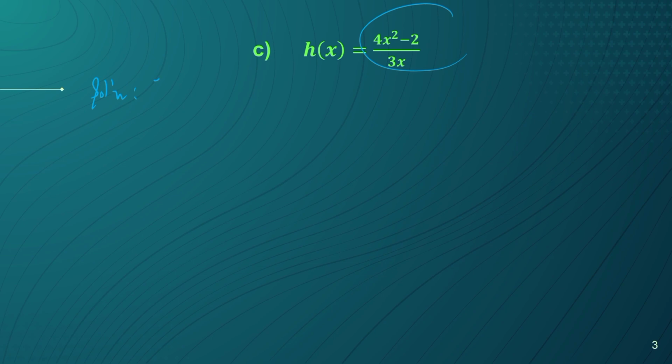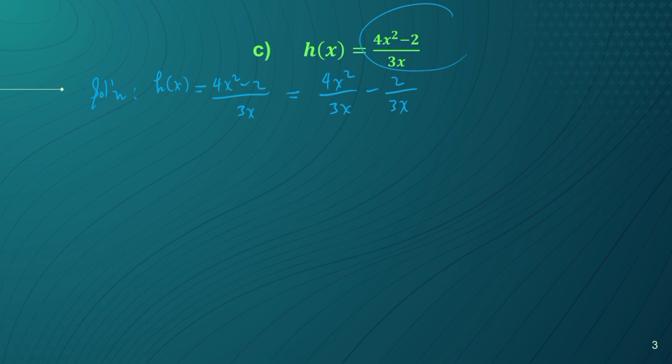So h of x is equal to 4x squared minus 2 over 3x, the original function, right? It is also equal to 4x squared over 3x minus 2 over 3x.